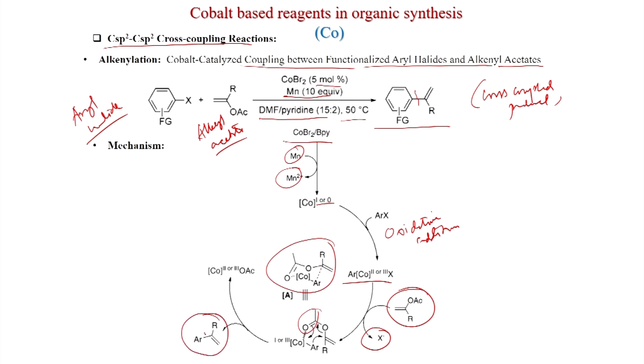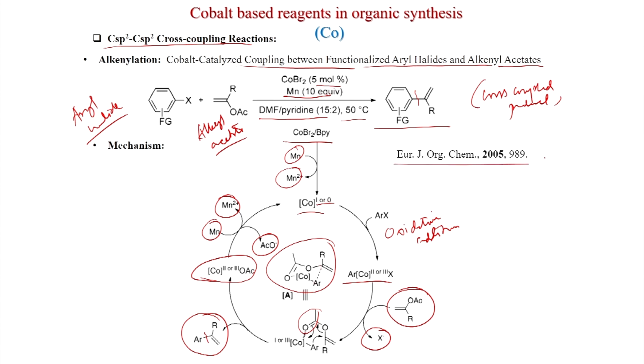This is the newly generated bond, and cobalt 2 or 3 acetate is formed. Now, again manganese becomes manganese 2 plus, acetate liberates, and cobalt 3 becomes cobalt 1. So, oxidative addition and reductive elimination like this happens, and you get this cross coupled product. This was published in European JOC 2005.